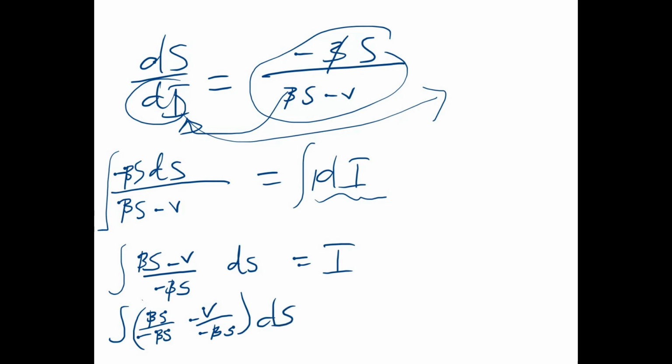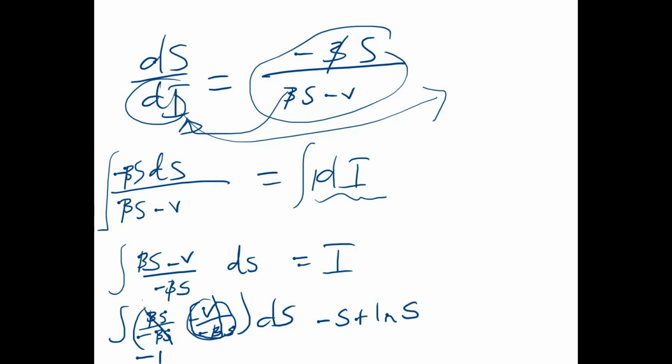This will help some people because now you can do that and get a minus 1. Then you remain with this, but minus v over beta is simply a constant, so you have the natural log there. So in other words, you will get minus S plus ln S, right?